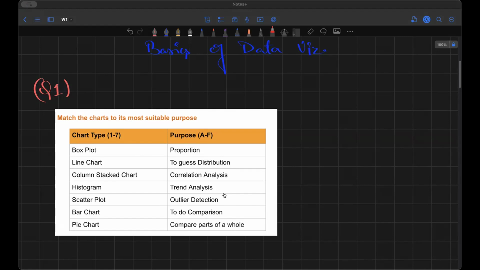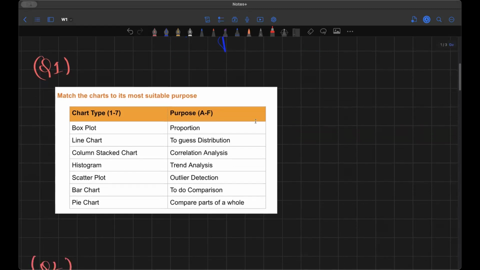So let me tell you, I think the first thing which I can think of from a student's point of view is outlier detection. This thing, outlier detection, we know from our stats 1, stats 2, that we use box plot. Why box plot? If you remember, you will have this kind of box. This would be the median. So everything within this box is basically your interquartile range.